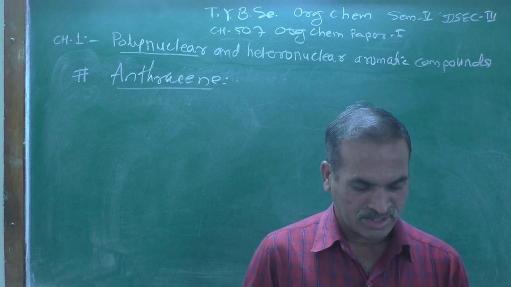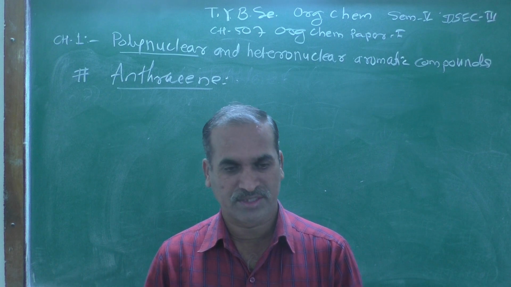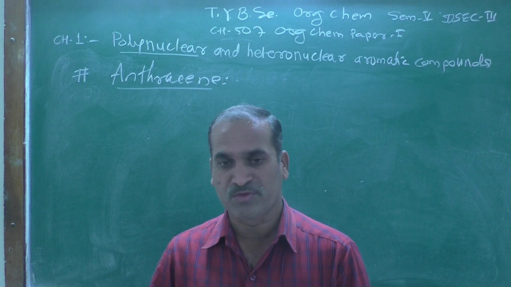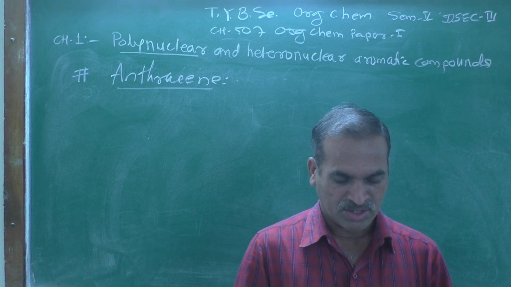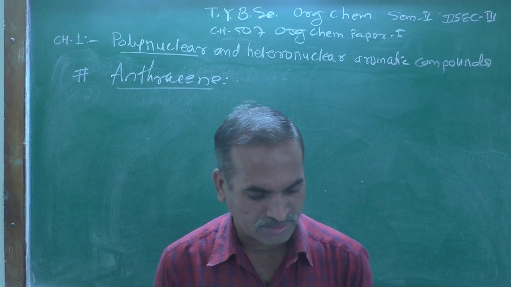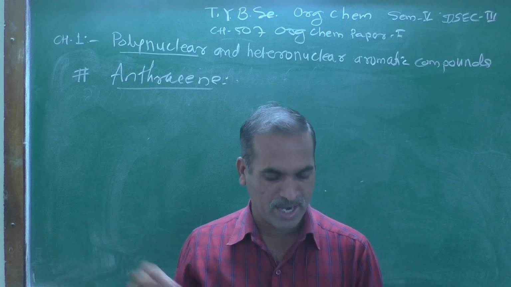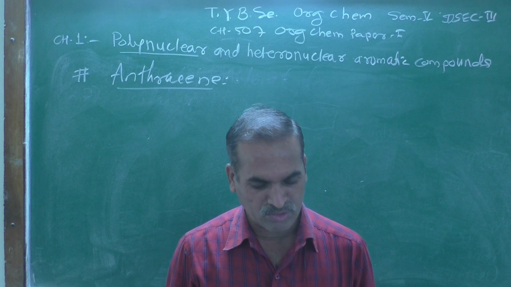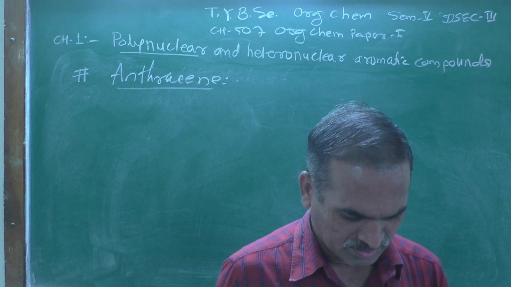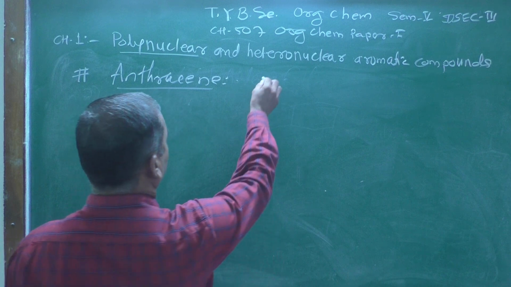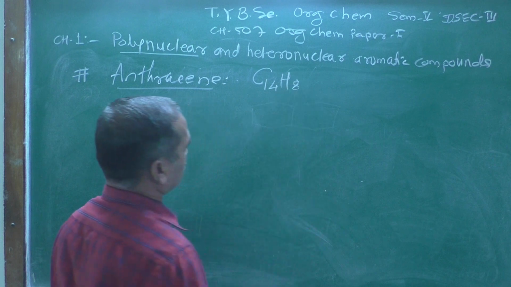Anthracene is a tricyclic aromatic hydrocarbon. The word hydrocarbon itself suggests an organic compound made up of carbon and hydrogen only, in which three benzene rings are fused together in a linear manner, and its molecular formula is C14H10.